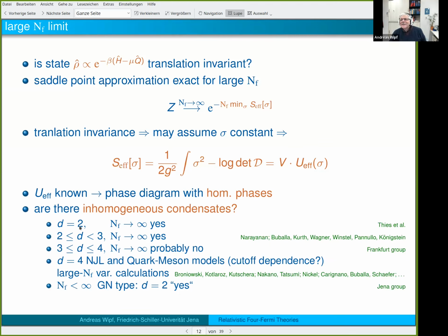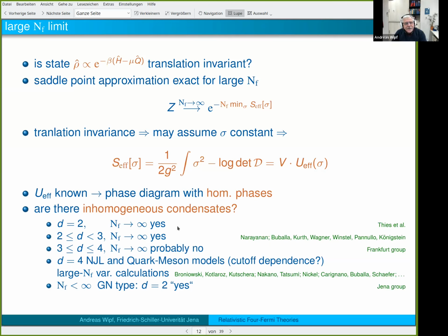In this case, we break translation invariance, which is a continuous symmetry, and Mermin-Wagner tells us this should not be possible. The way out was always, well, Mermin-Wagner doesn't apply if NF goes to infinity. That was the explanation why one sees this inhomogeneous condensate which breaks translation invariance.